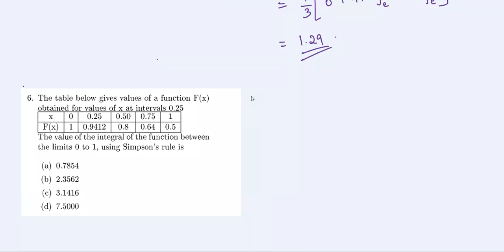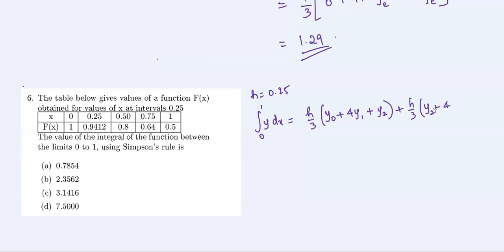Now the interval size in this particular case, this is the table of function values given. Interval size is 0.25, and we need the value of the integral of the function from limit 0 to 1 using Simpson's rule. So we get h upon 3 y naught plus 4y1 plus y2 plus h upon 3 y2 plus 4y3 plus y4.